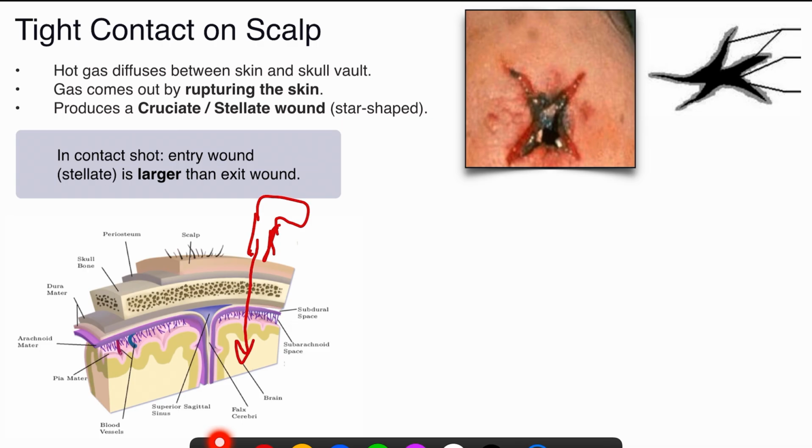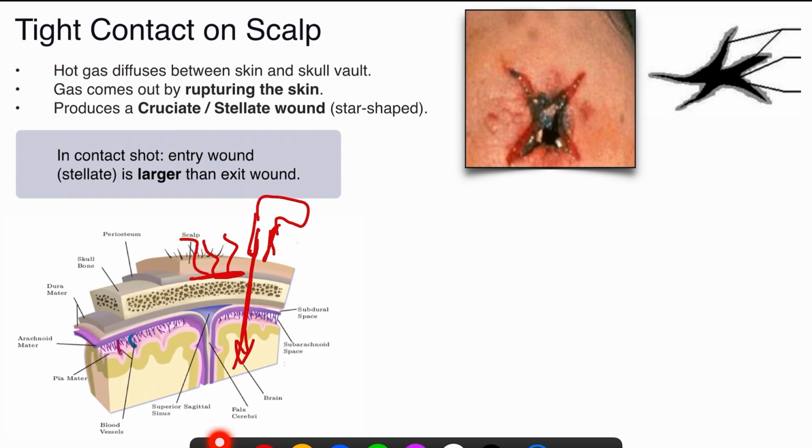The gas expands and the smoke and all go in between the layers and break the scalp skin over here. So the bullet is going like this, but the smoke, due to expansion, is going in between the layers and breaking the skin. Whenever the skin breaks, there is a star shape. See, these are all breaking due to the gas. So we have a cruciate or stellate or star shaped wound in the tight contact with the scalp.